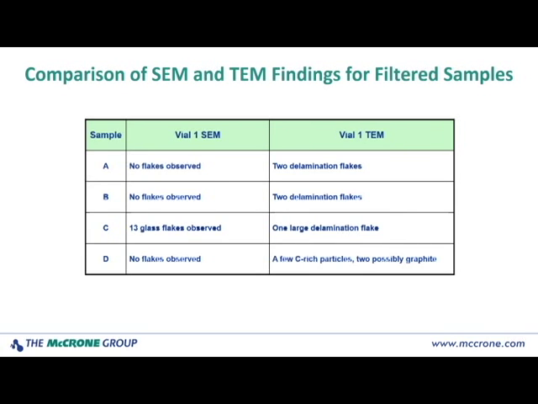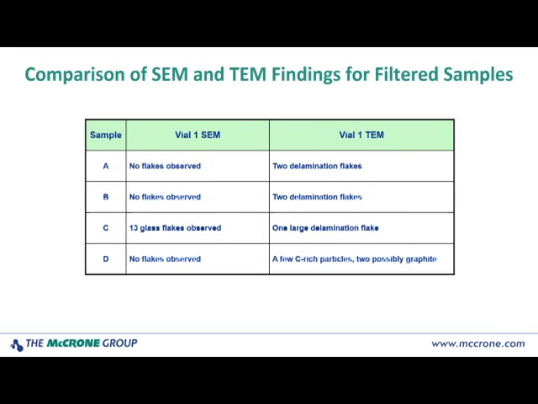This study involved multiple vials of product, and for each lot of product, one vial was selected for preparation of an SEM filter and a TEM grid on the filter at the same time. And you can see that in two cases, for samples A and B, delamination flakes were captured on the TEM grids, but were not seen in the SEM.